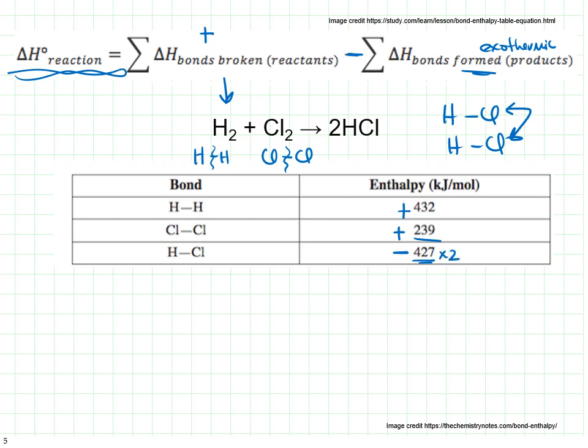Handy dandy calculator says that 432 plus 239 minus 2 times 427 gives us a grand total of negative 183 kilojoules. So this is going to be our delta H of reaction, our change in enthalpy of the reaction from those bond enthalpies.